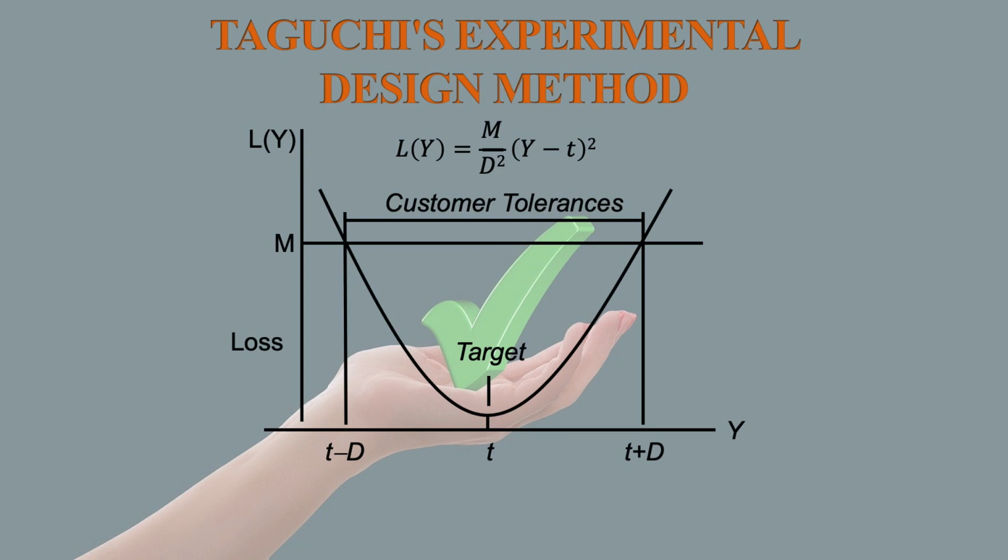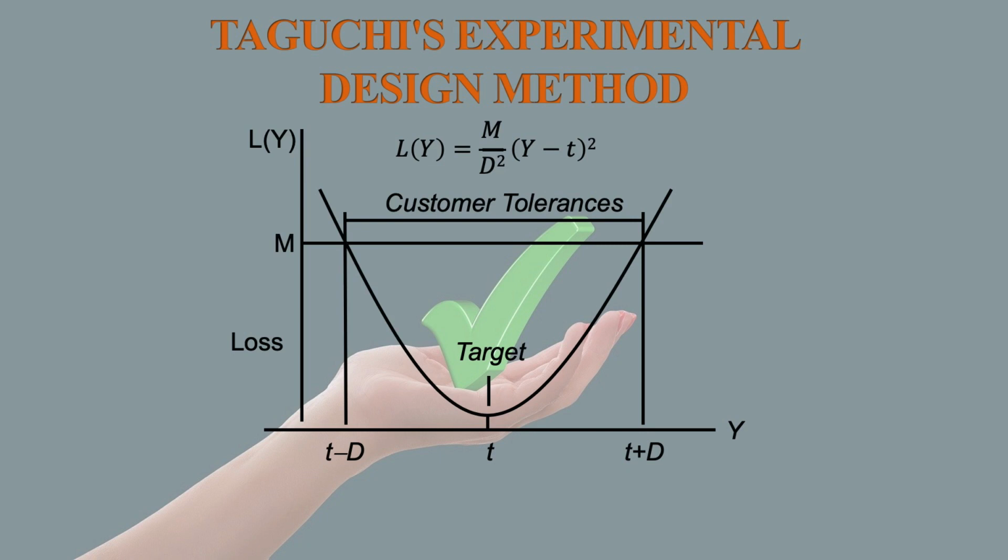When any parameter or performance deviates from the target, it gives a loss. It is shown that when it deviates beyond M, that is, T minus D or T plus D, it will be a loss to society. That is from M and above, as you can see in the figure.